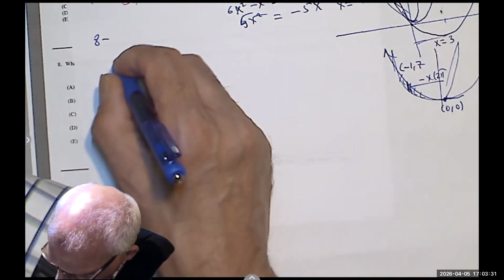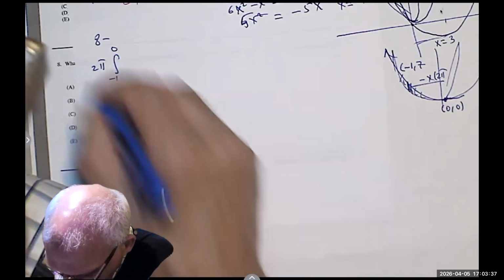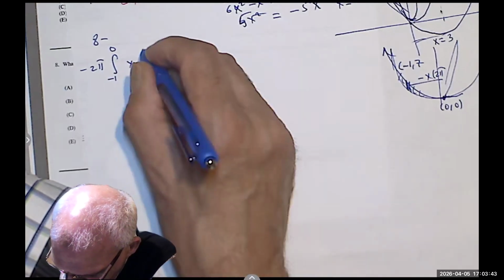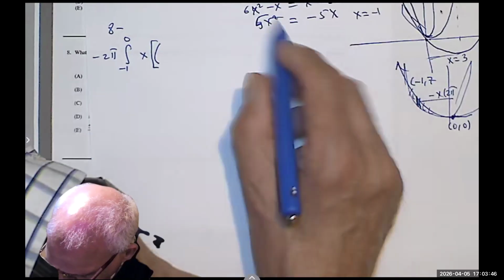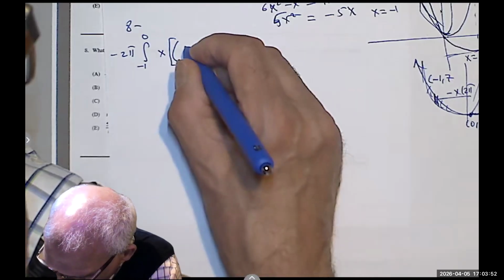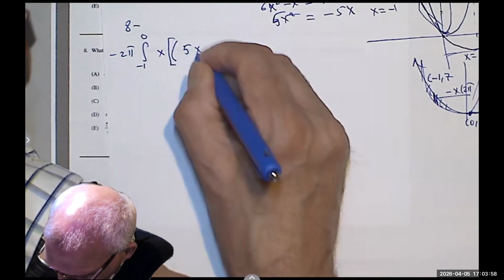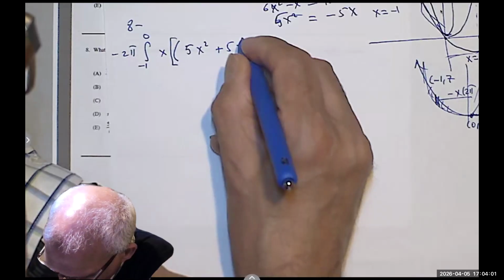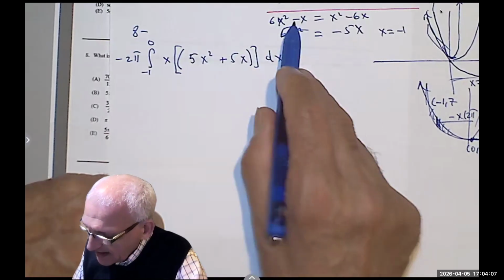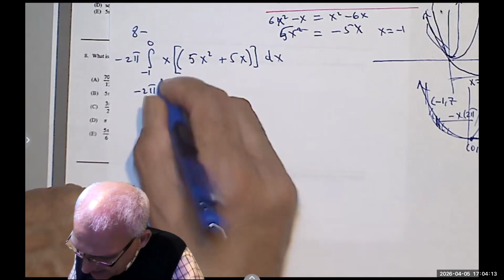So it's the integral from -1 to 0 of 2 pi, in fact with a negative also, x times this minus that, and we already did these, so it would be 5x squared plus 5x dx, right? When I move these, 6x squared minus x squared is 5x squared, and -x plus 6x is plus 5x. So -2 pi, the integral from -1.